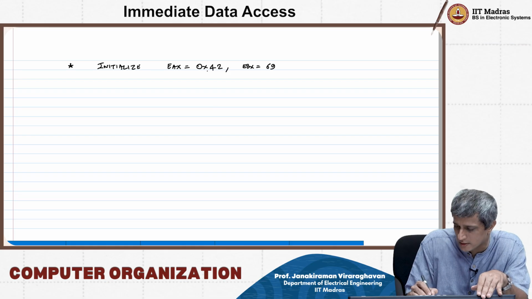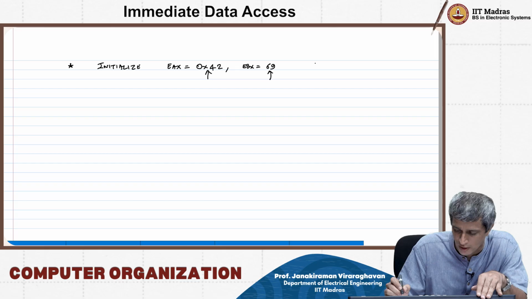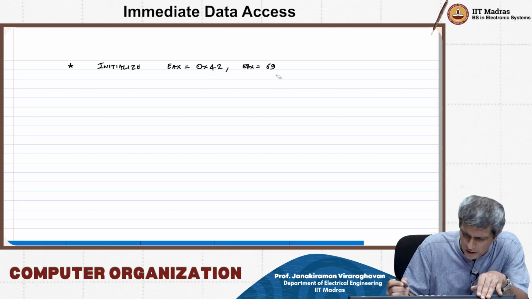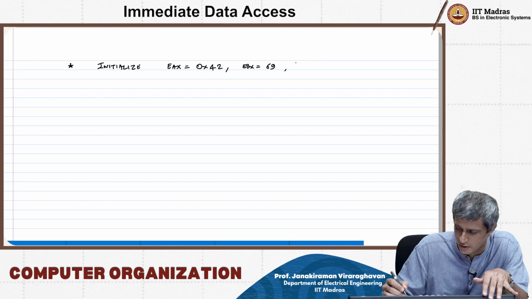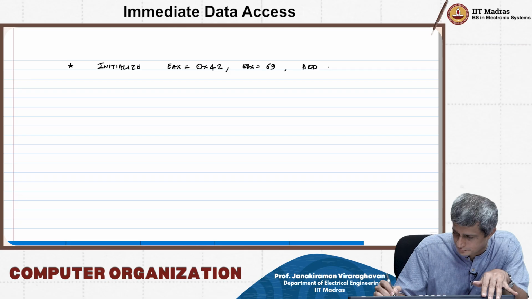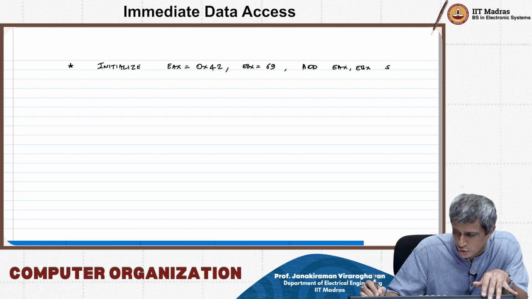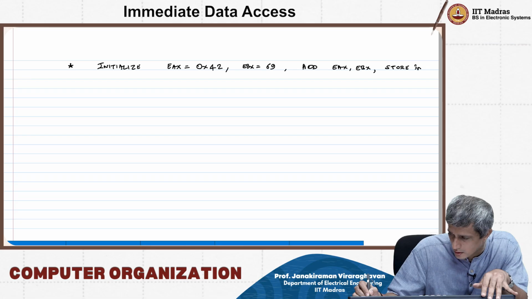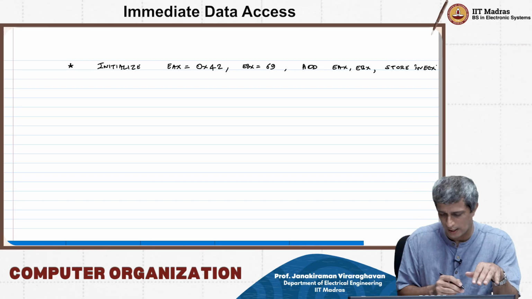Note that this is a hexadecimal number and this is a decimal number. The two number systems are different, but it's okay. I'm trying to highlight that we can do all this. Then I want to add EAX and EBX and store in ECX. This is the assembly program that I want to write.